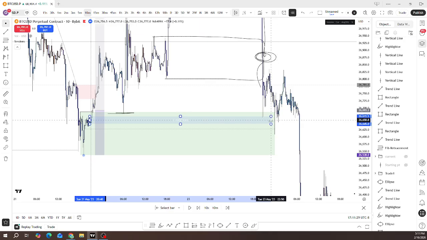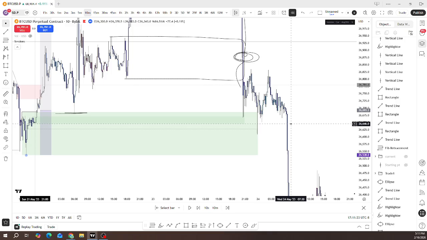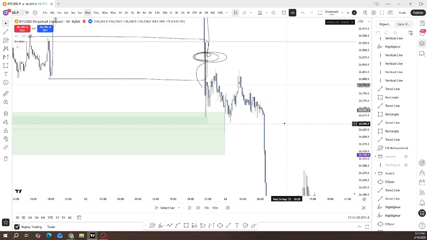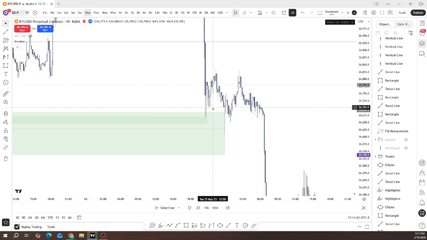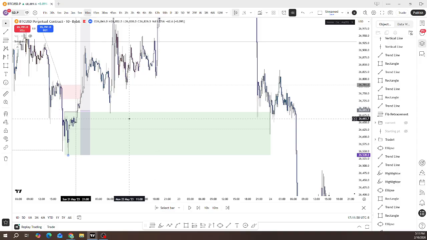Oh, you did have this. So there definitely was an opportunity to trail, but there was also an opportunity for price to want to come for a POI lower.